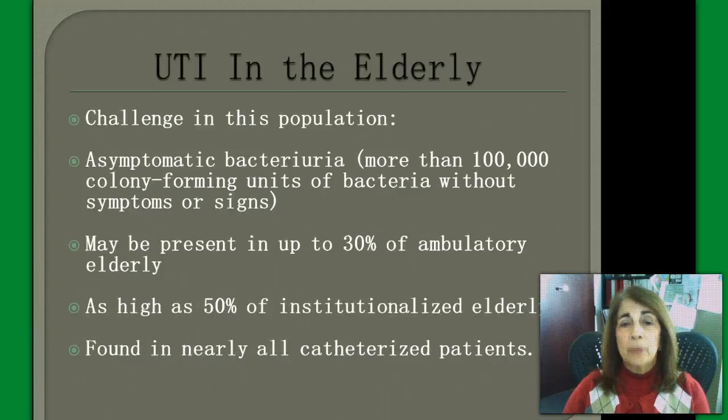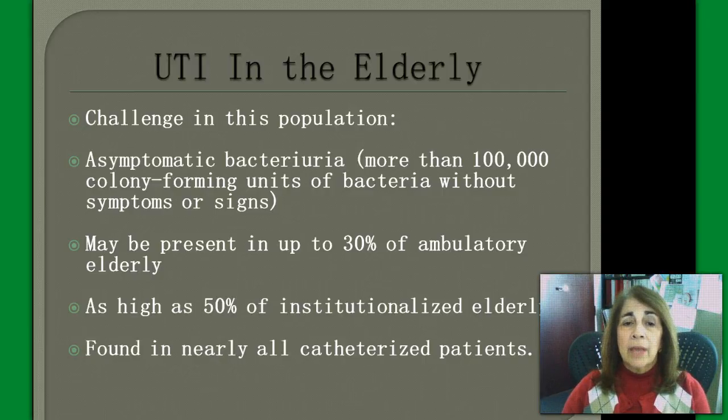The challenge in this population is that they present many times with significant bacteriuria, but they are asymptomatic. And I included the definition of bacteriuria in there. It's a great word to try to say.